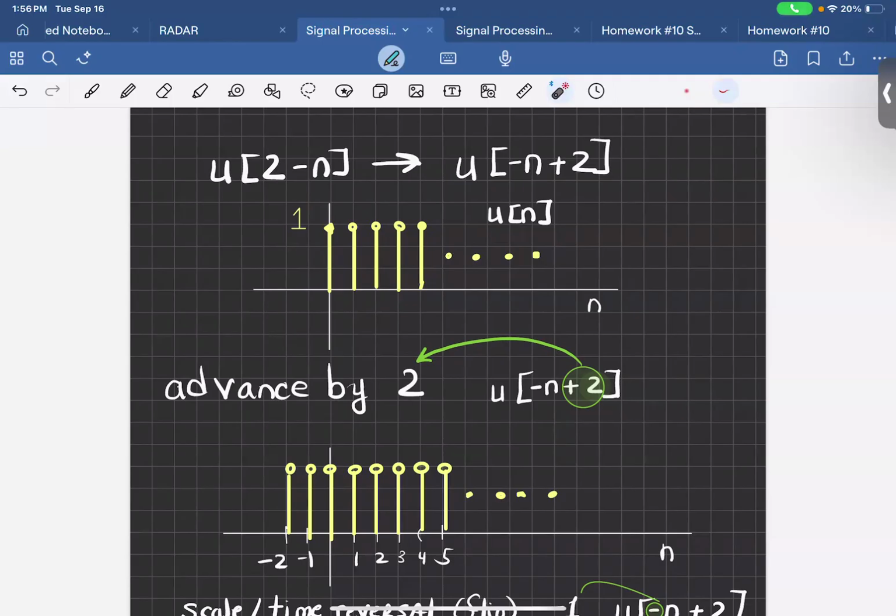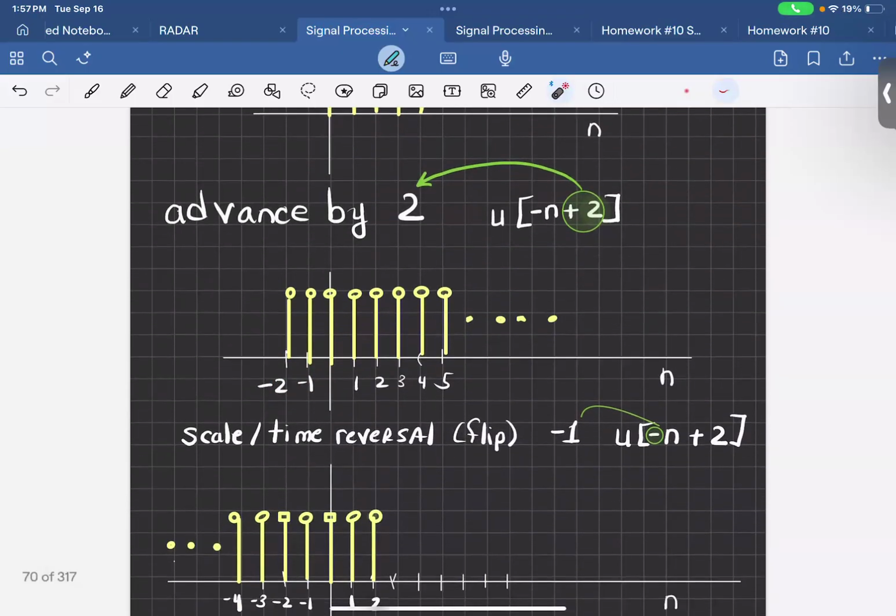According to Oppenheim, the first operation is the shift. The +2 inside the brackets means the signal is advanced by 2, which corresponds to shifting it to the left on the time axis. So the step that originally started at n = 0 now starts at n = -2. Next, we apply the time reversal by -n.